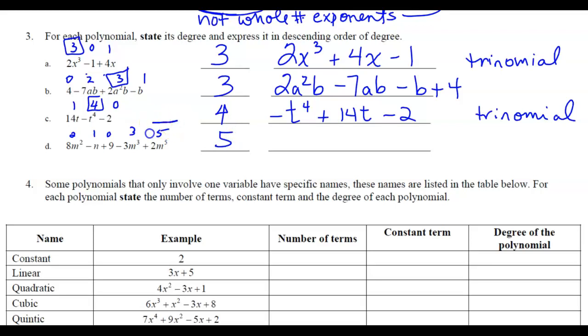But this is what tells you what the degree of the polynomial is. So then you follow this. So that's 2m to the 5th, highest, then cubed, so minus 3m cubed, then squared, so plus 8m squared, quickly. Then degree 1, so minus m, and then the constant.